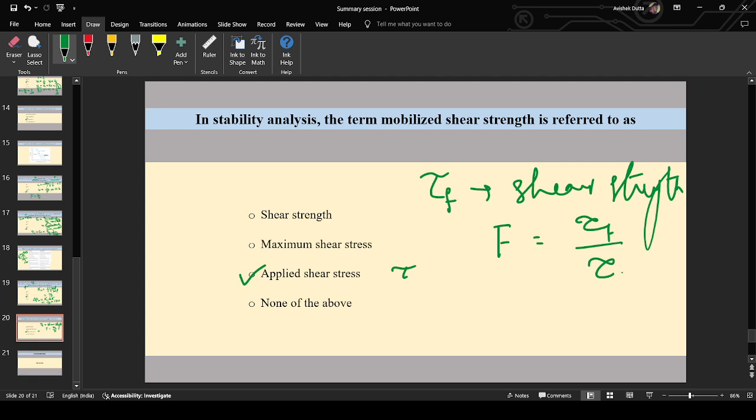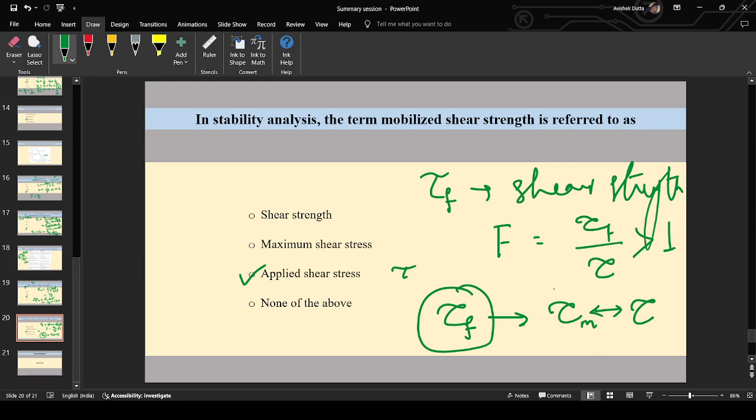Now when the factor of safety is more than 1, that means tau f is more than tau. That means a certain part of tau f has been used up to resist the shear stress. So from tau f, tau has been used up to resist tau. So this tau that has been used up from the shear strength is called the mobilized shear strength.